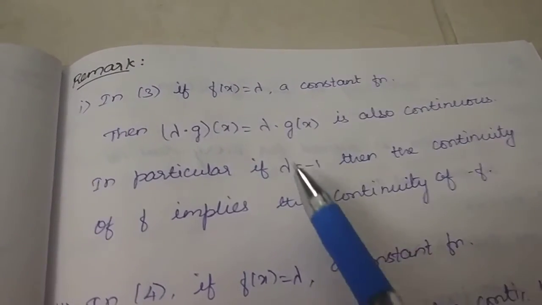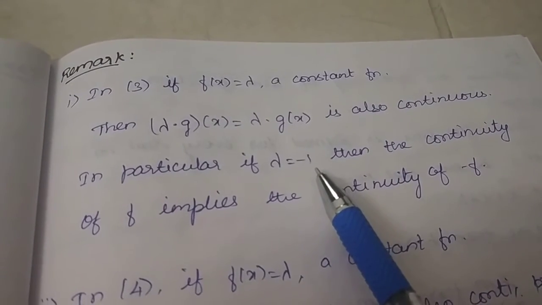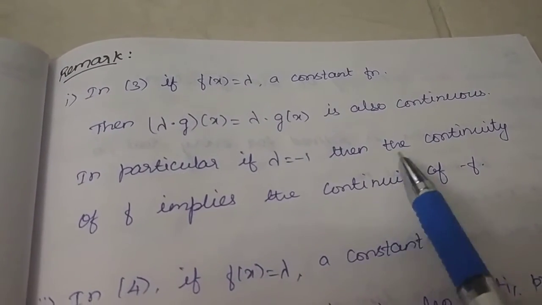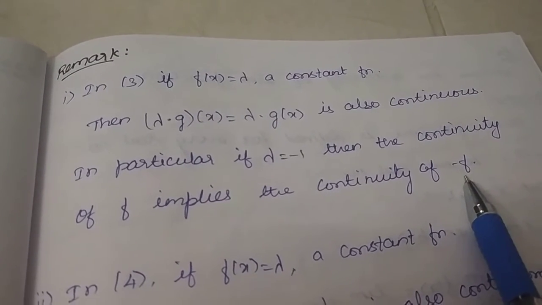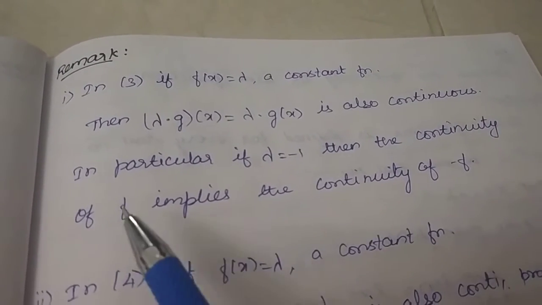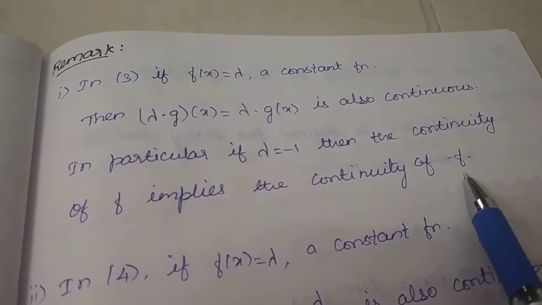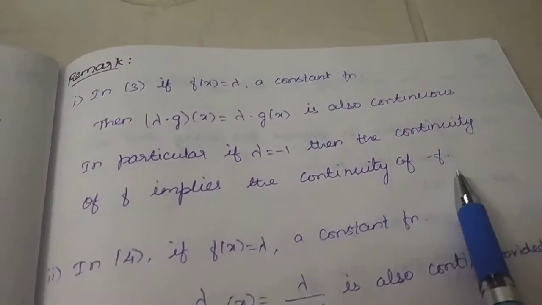In particular, if you take lambda value as -1, then the continuity of f implies the continuity of minus f. That means if f is continuous, then minus f is also continuous.